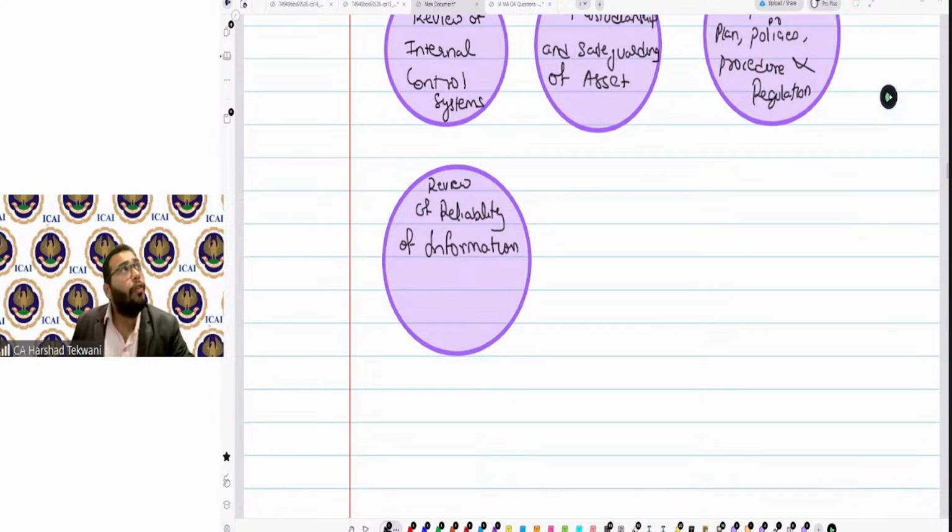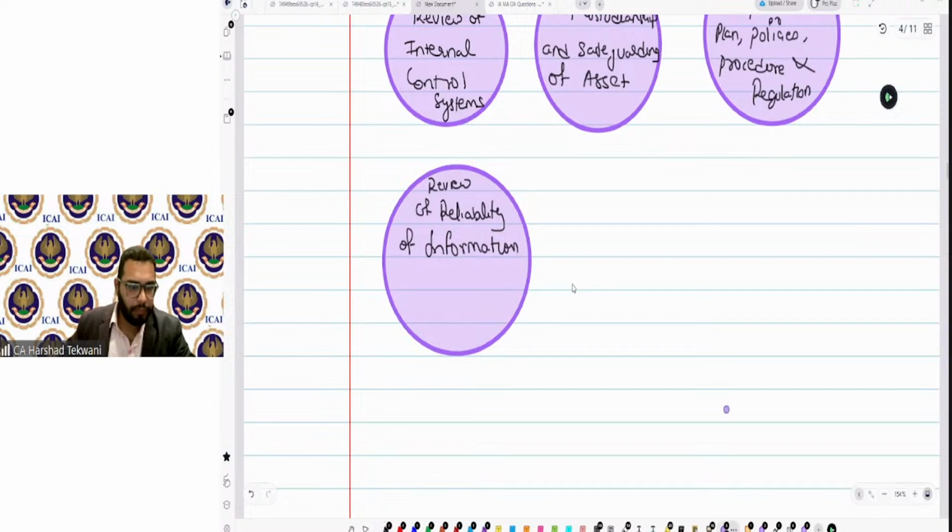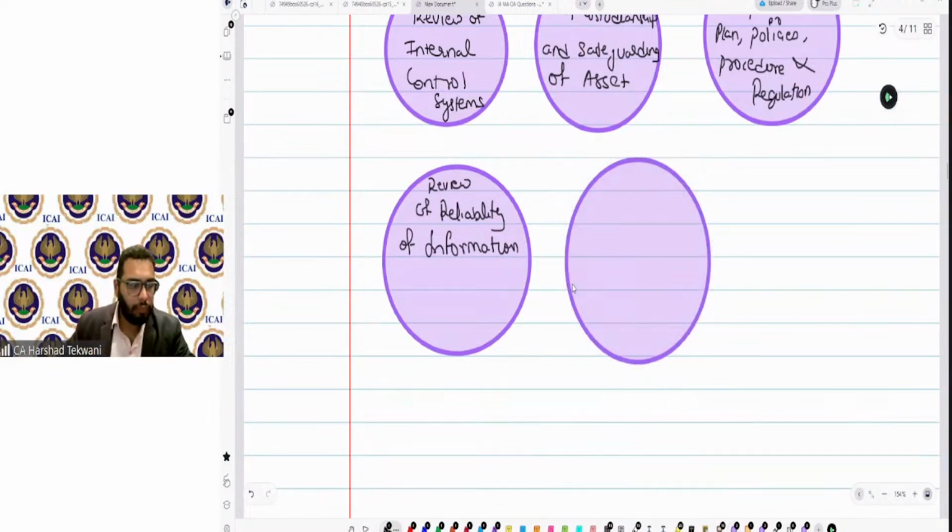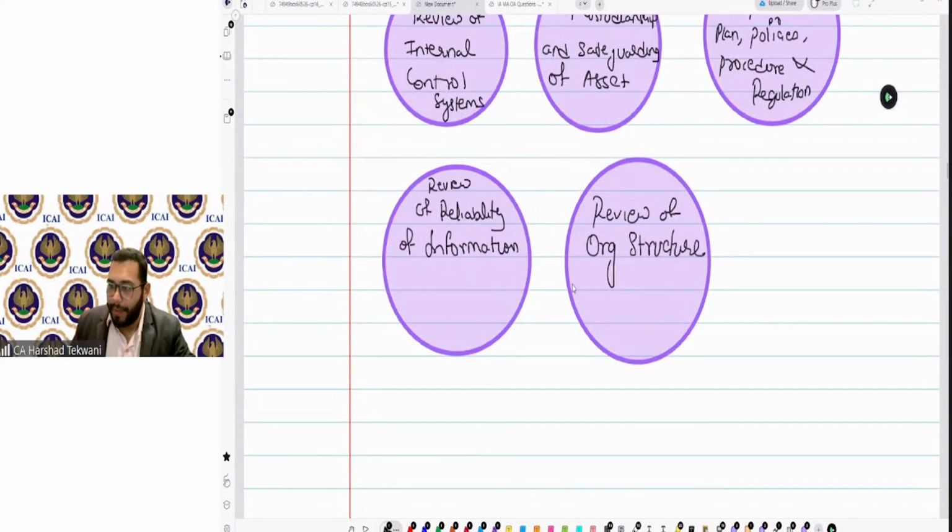Then review of organizational structure. Then review of utilization of resources.